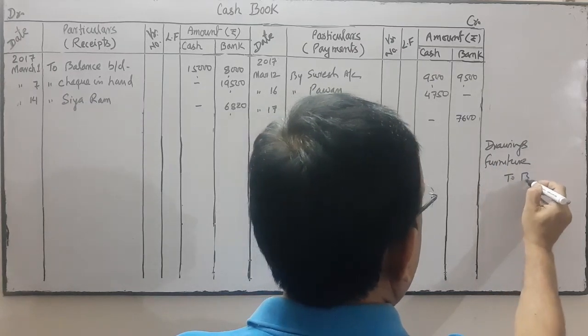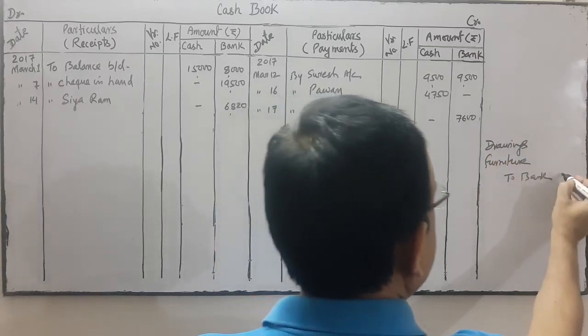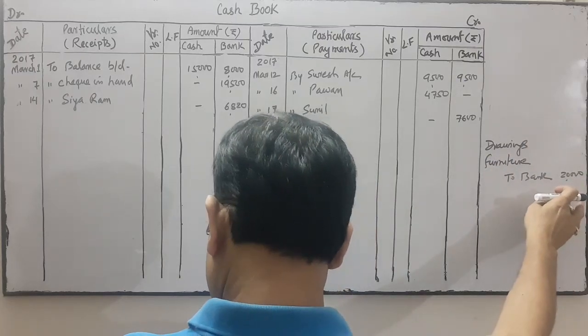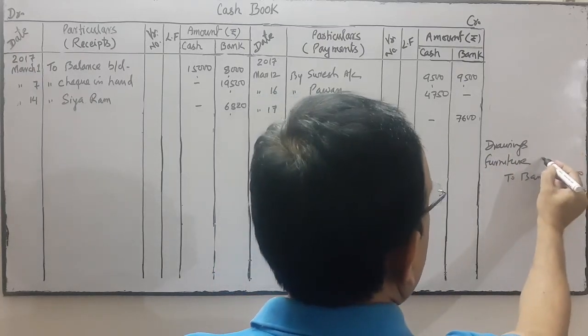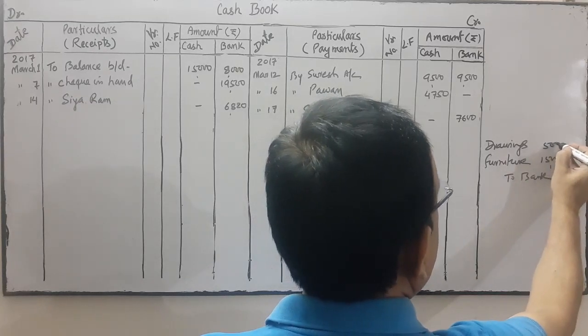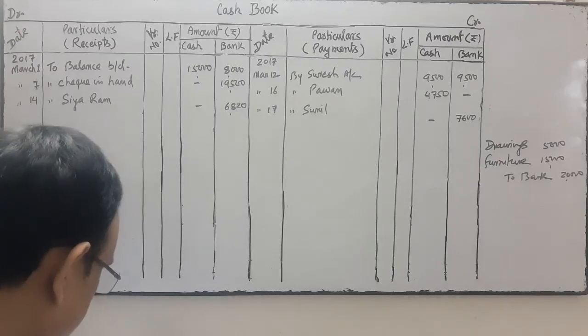The amount withdrawn from the bank is 20,000. Out of that, furniture was purchased for rupees 15,000. The rest is taken by the proprietor, meaning 5,000 is taken by the proprietor.